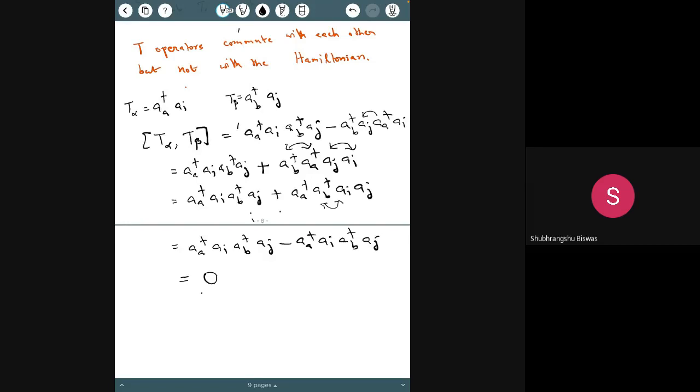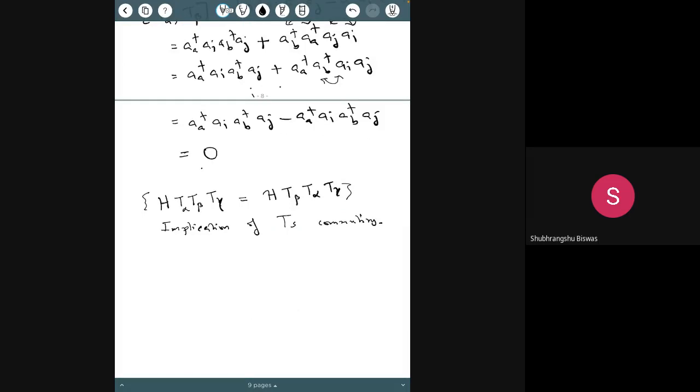So what is the implication? It means that the order in which you evaluate [H, T_alpha, T_beta, T_gamma] is the same as evaluating [H, T_beta, T_alpha, T_gamma], or whatever other combination. This is the implication of T's commuting.